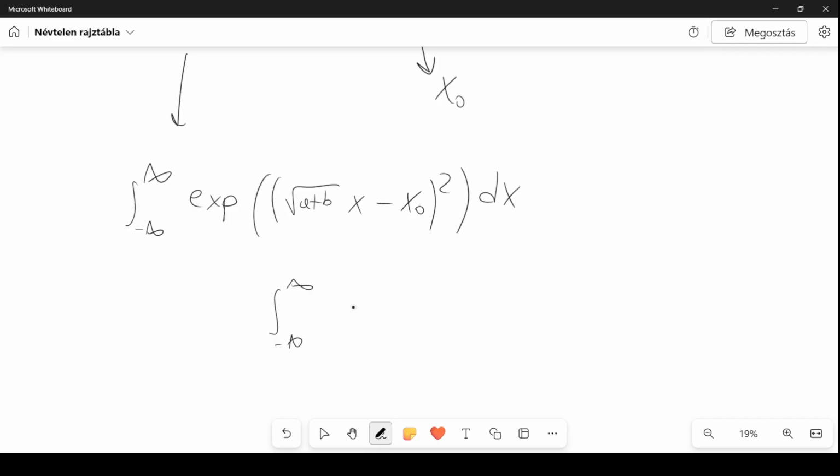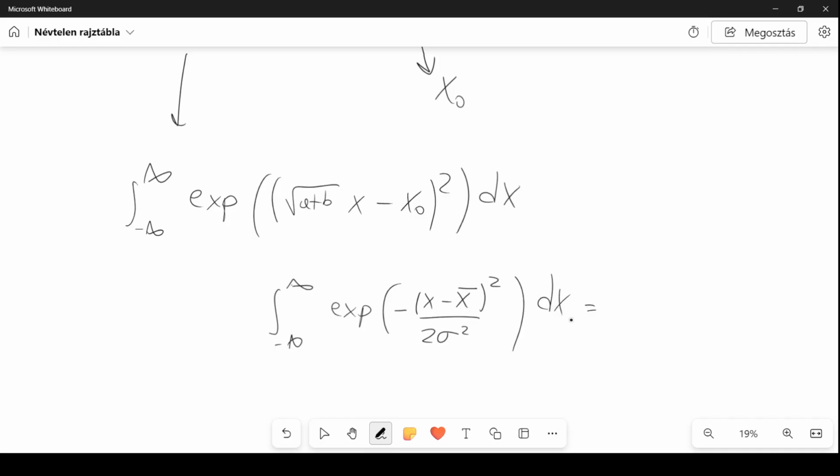These kinds of integrals are very well known. Integrals from minus infinity to plus infinity of the exponential of minus (x minus some average value of the distribution, that I can call x bar) squared divided by 2 sigma squared, dx, where sigma squared is the variance, or sigma is the standard deviation of the Gaussian distribution.